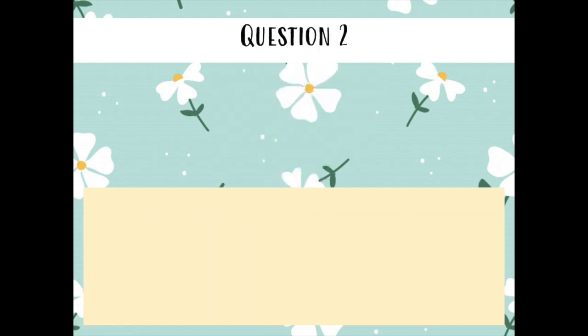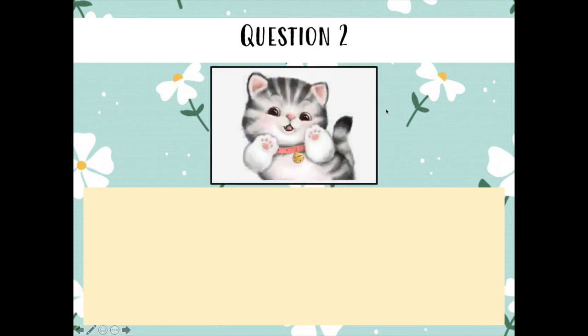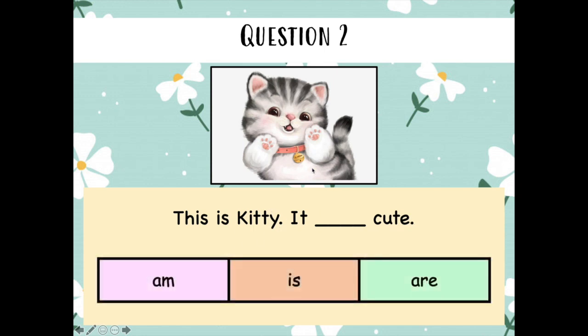Next, we go to question number 2. Okay, this is a cat. So the sentence is, this is Kitty, it blank cute. Because Kitty is a cat, that is why we use it, because it is an animal and it is only one.